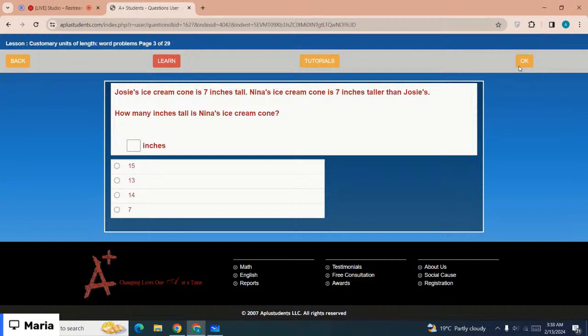That means that is 14. So the correct option is 14. That means that is 14, right? The correct option is 14.